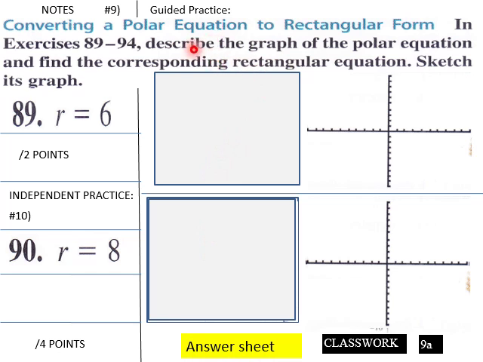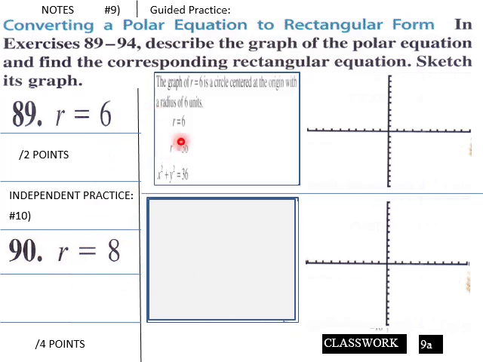Okay, let's try one now. Describe the graph of the polar equation and find the corresponding rectangular equation. Sketch its graph, r equals 6. Down here, students, this is yours. Pay attention up here. The graph of r equals 6 is a circle centered at the origin with a radius of 6 units.